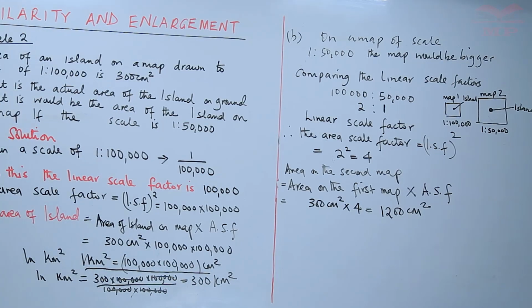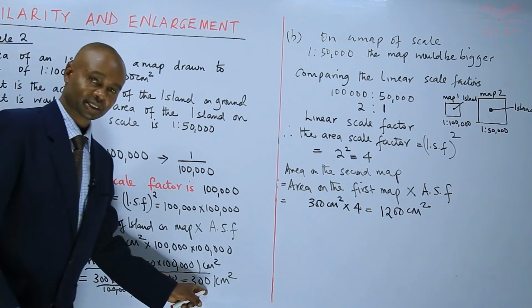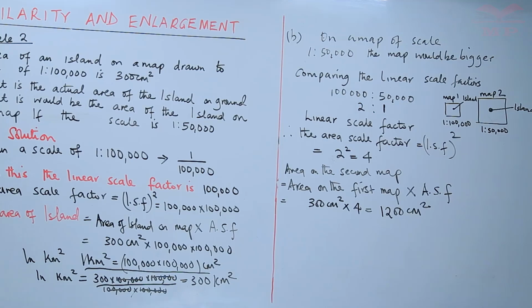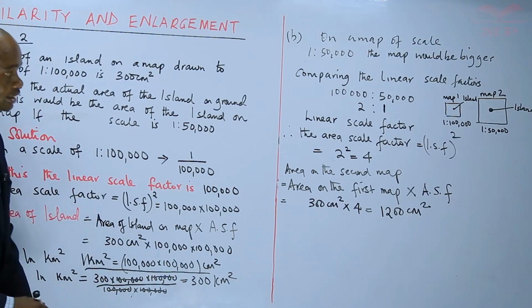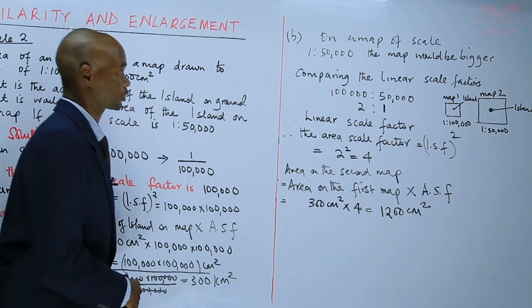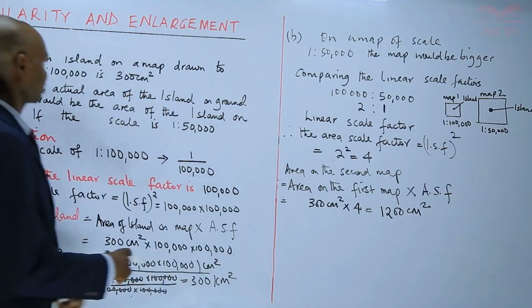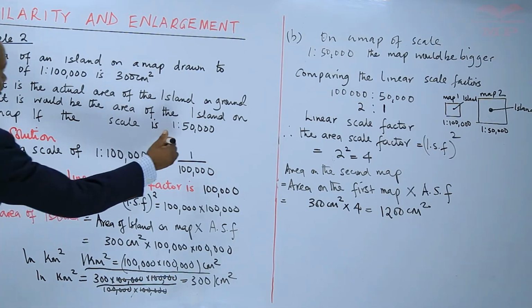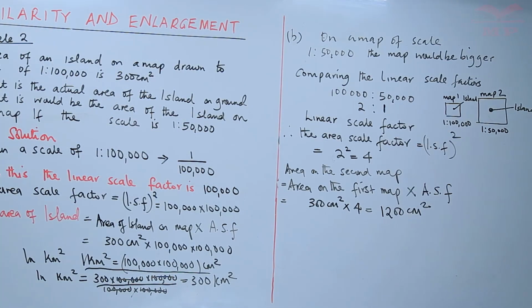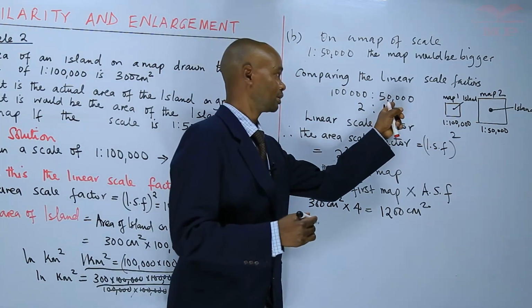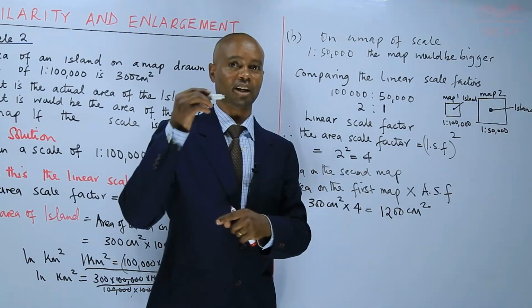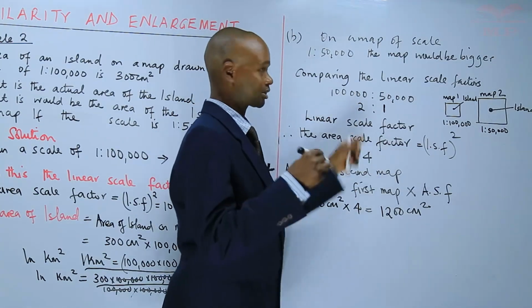It's a very big number, but usually we break it to kilometers so that you reduce those zeros. We found 1 kilometer is 100,000 times 100,000 square centimeters. So that gave the solution. When we came to the second part, the map is now drawn to this scale. From our discovery, it is an inverse proportionality. The smaller that number, the bigger the map. The bigger that number, the smaller the map.